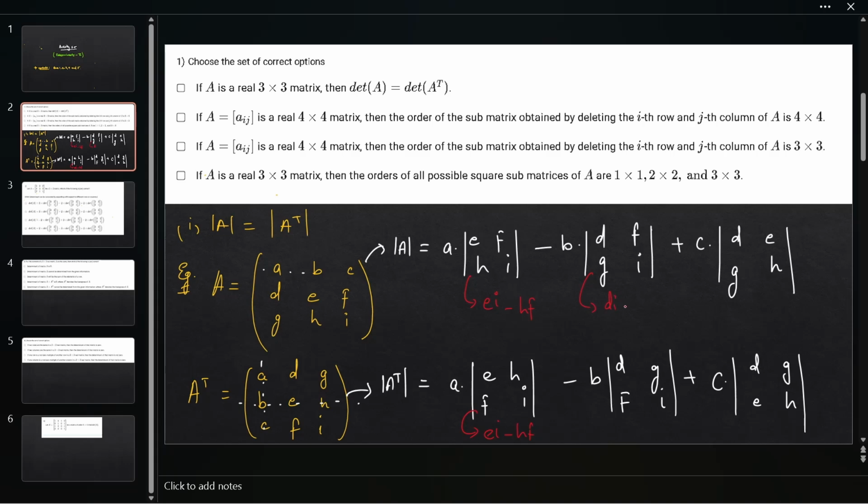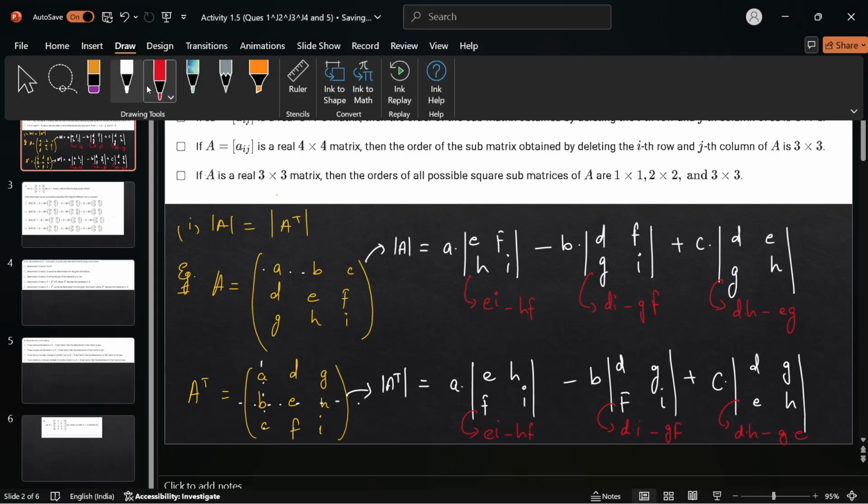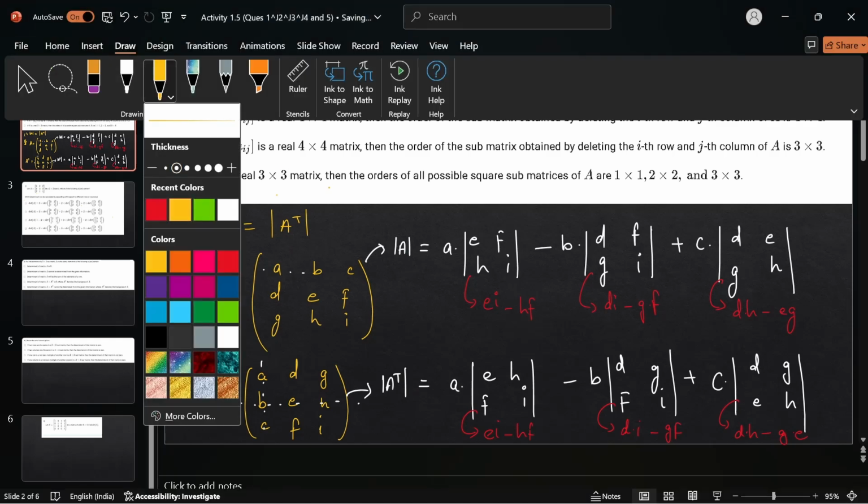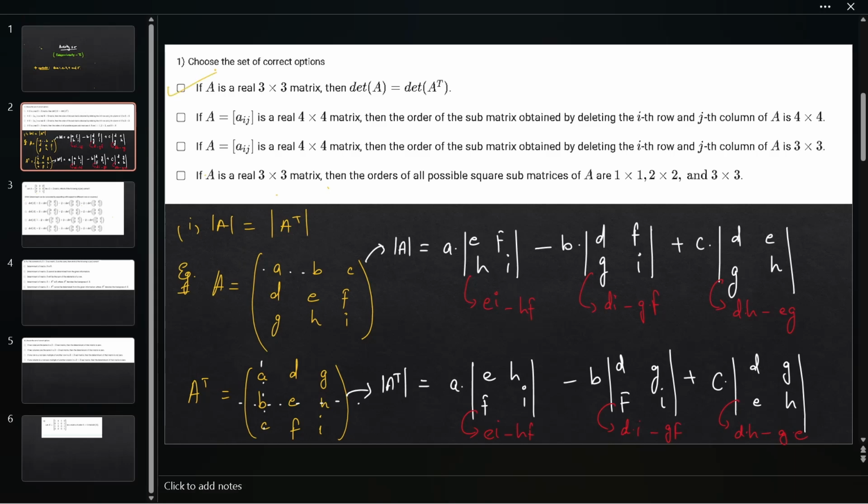This is going to give me D times I minus G times F. Similarly, D times I minus G times F. And here also I get D times H minus E times G, and here also D times H minus G times E. So that means both the determinant of A and A transpose are equal. We saw this with the help of an example as well. So option 1 is correct. Marking it as correct.